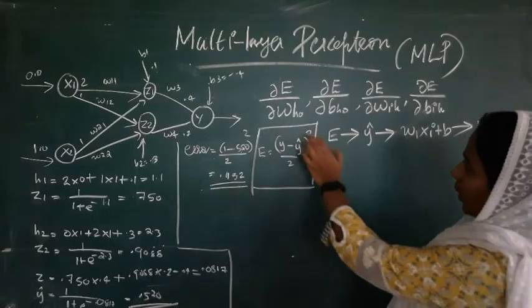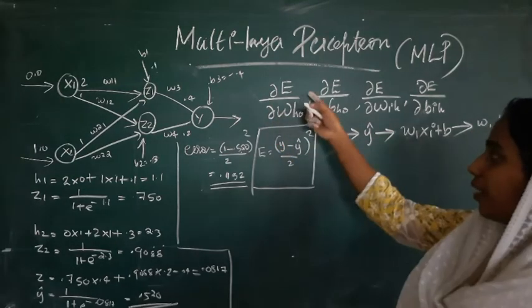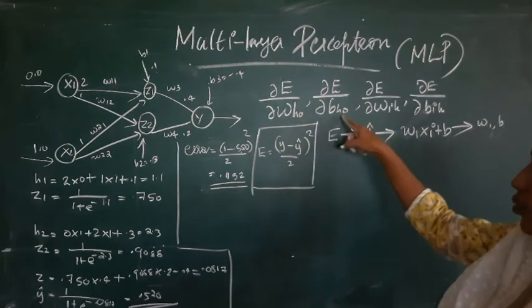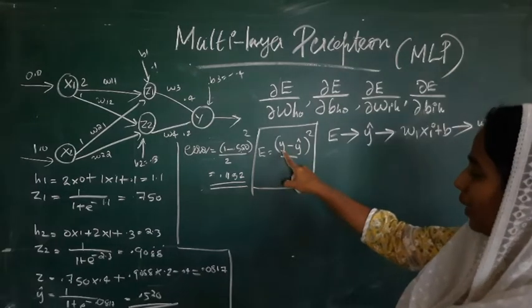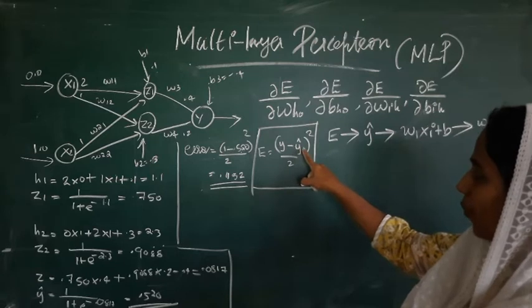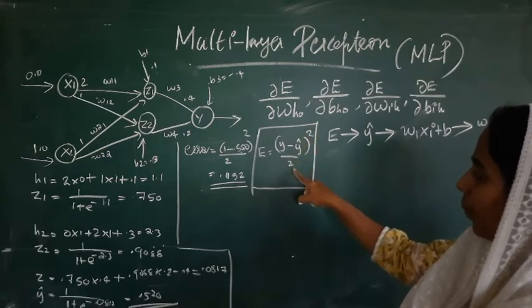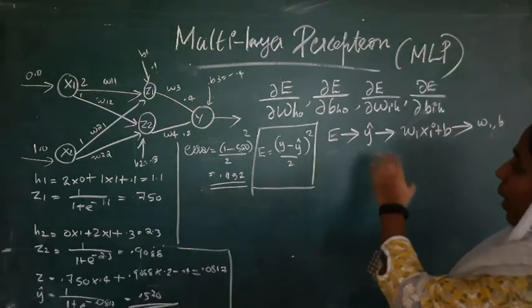So what I was saying is we have to find the partial derivative of error with respect to weight and also bias. But the error term, which is the actual value of output minus the calculated or predicted value of output, the whole square divided by 2, does not include weights or biases.